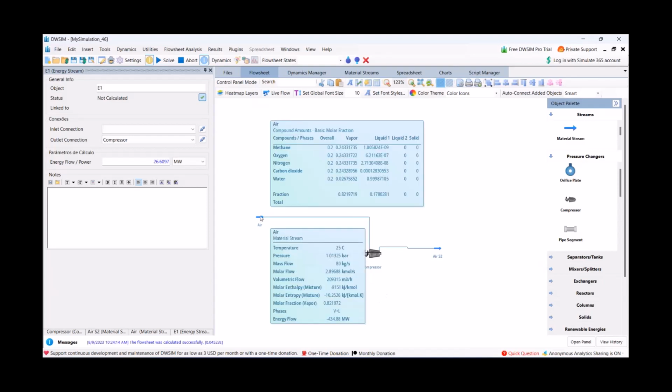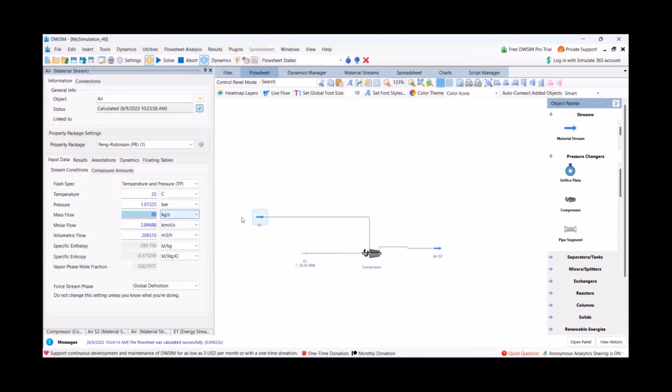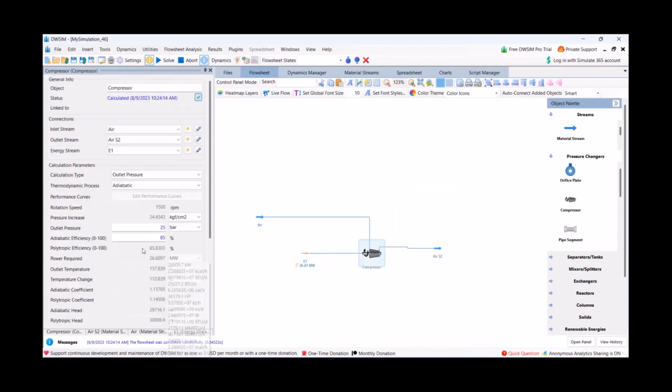So to compress 80 kilogram per second of air from 1 bar to 25 bar, we need 26 megawatt of electricity in compression with 85% adiabatic efficiency. If we increase the efficiency, then the amount required to operate the compressor is lower.